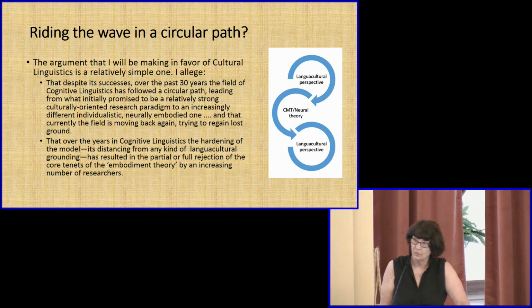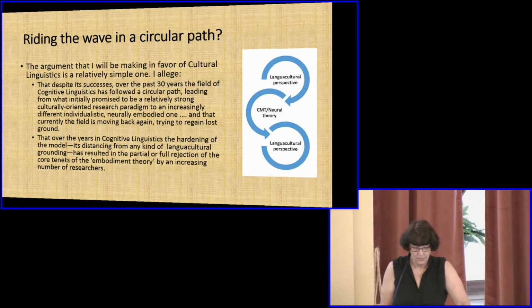I'll argue that over the years, in cognitive linguistics, the hardening of the model, the distancing from any kind of language-cultural grounding, has resulted in the partial or full rejection of the core tenets of the embodiment theory by an increasing number of researchers.